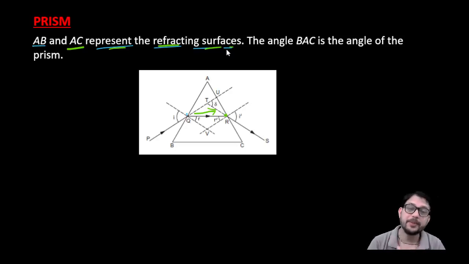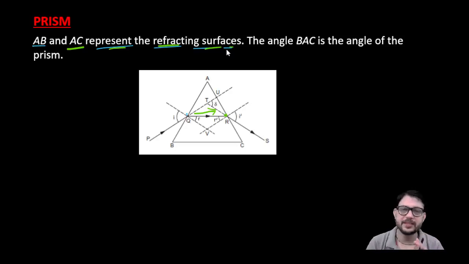First is your AB: the ray comes and strikes it, and after refraction it strikes the other interface AC. So in short, we can simply say that refraction takes place a minimum of 2 times. It may be 3 times, but that would be the case of TIR. Here we are not including TIR, that's why we are simply saying refraction through a prism.